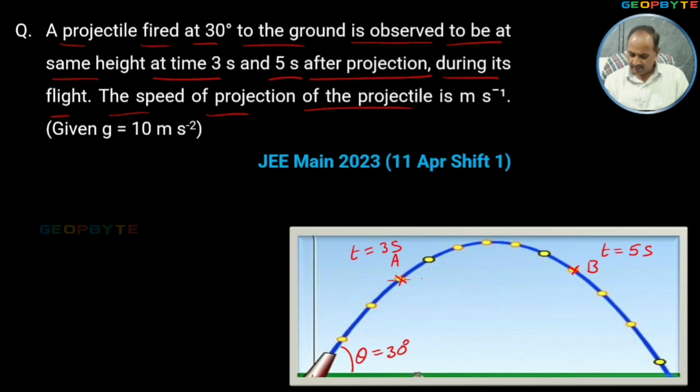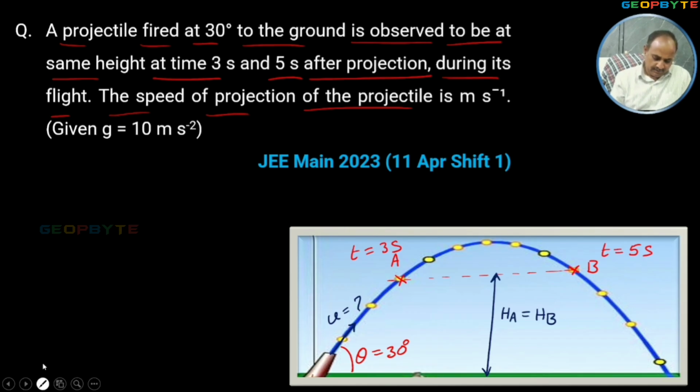Here if I mark a horizontal line through A, it must pass through B, because it is clearly given that the height of the particle after 3 seconds and 5 seconds remains the same. HA equal to HB. That is the condition. You are asked to decide at what speed it must be projected.